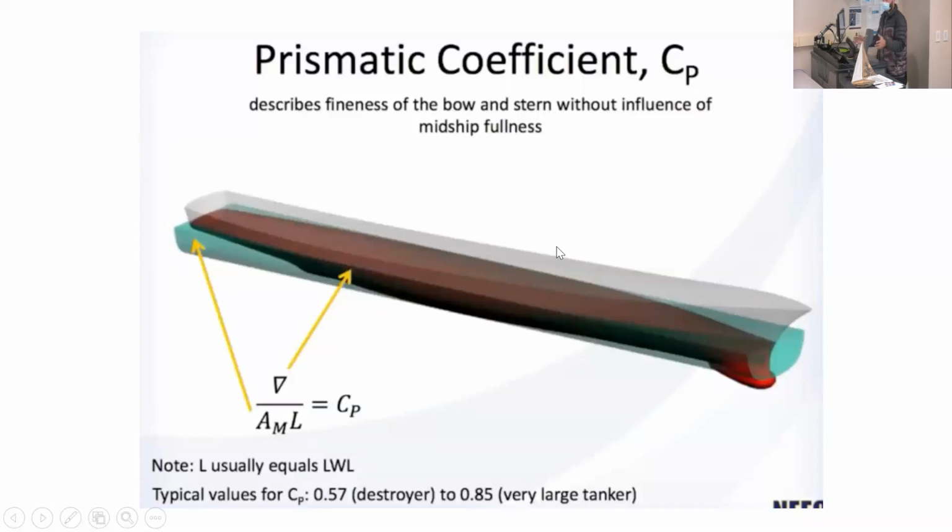So at amidships, whatever your shape looks like, that's extruded forward and backward to describe the green box. All right. AM is area of midplane.